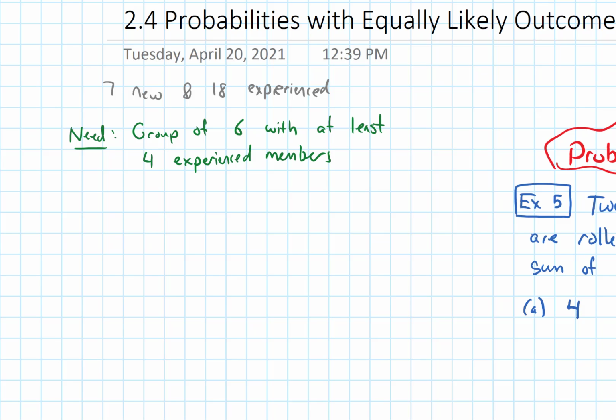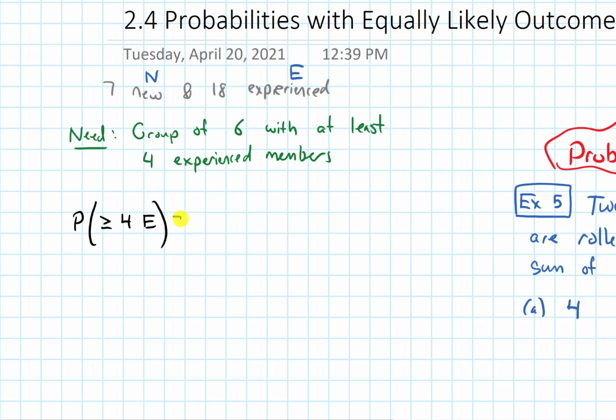So I'm going to refer to the new dancers with a capital N and experienced dancers with a capital E from now on, just to save myself some writing. So what we're after is the probability that we have at least 4 experienced members. So I'm just going to write that we have greater than or equal to 4 experienced members.